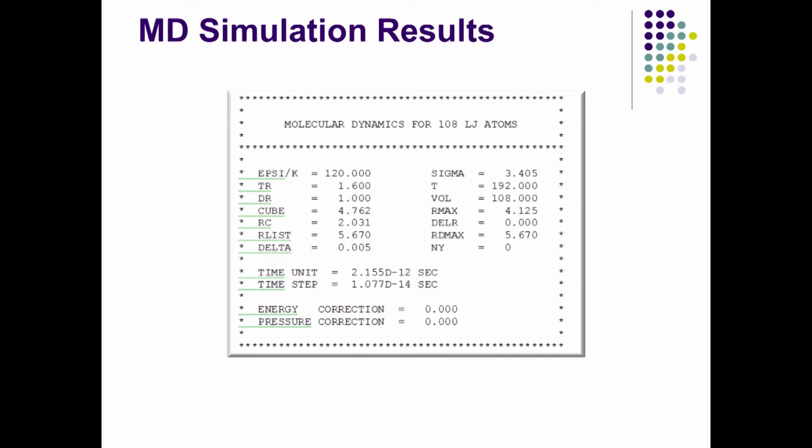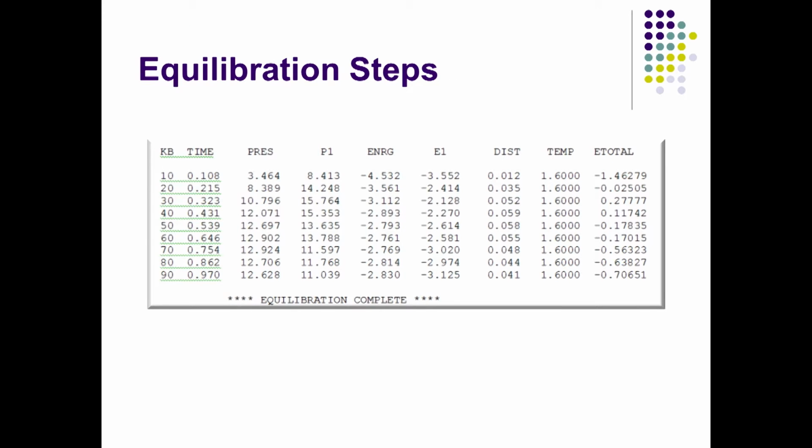So, if you look once more at the trajectories that are created, you are looking on your slide now at the MD simulation results. This is a typical Lennard-Jones atom, and we look at some of the initial parameters, and so we have generated a trajectory of the equilibration.